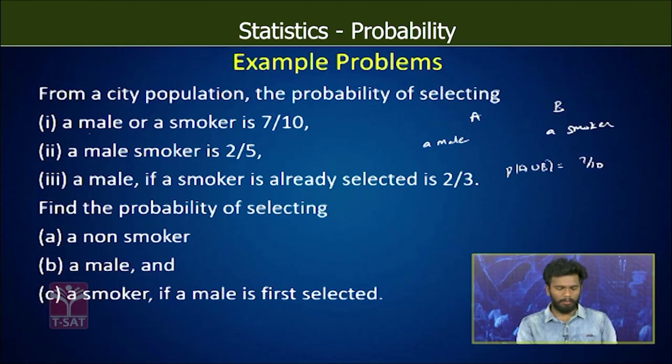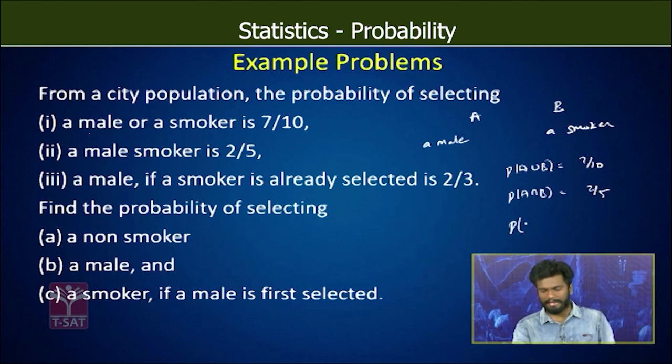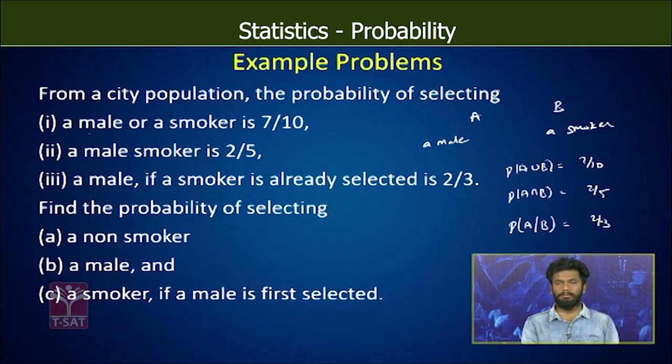A male smoker, that is probability of A intersection B, male and a smoker, is 2/5. And the third statement is, if a smoker is already selected, the probability of selecting a male given that he is a smoker is given by 2/3. Probability of A given B is 2/3.